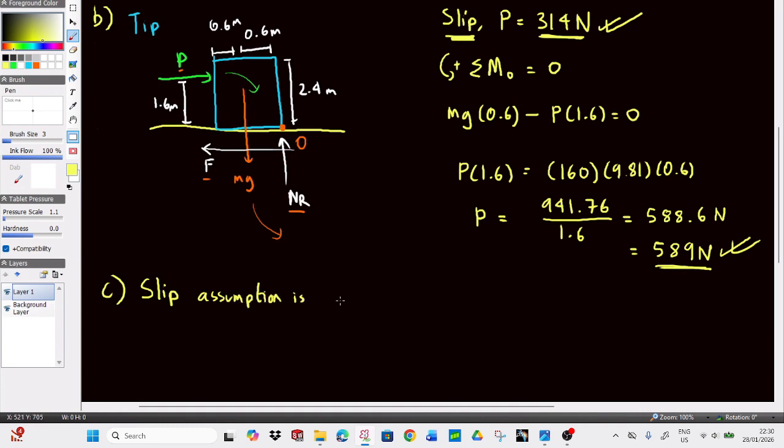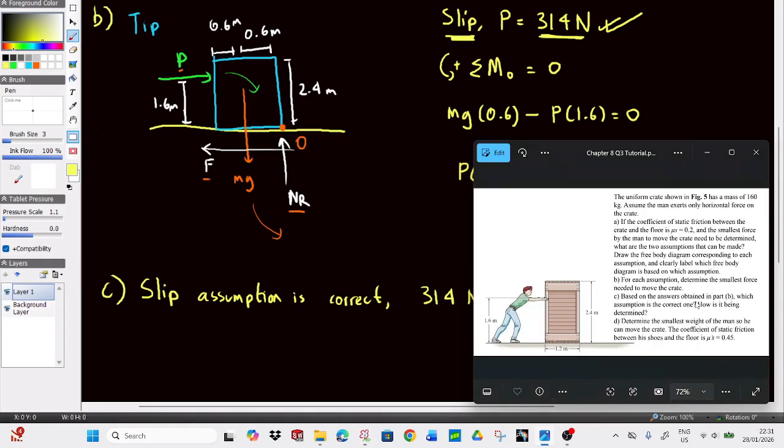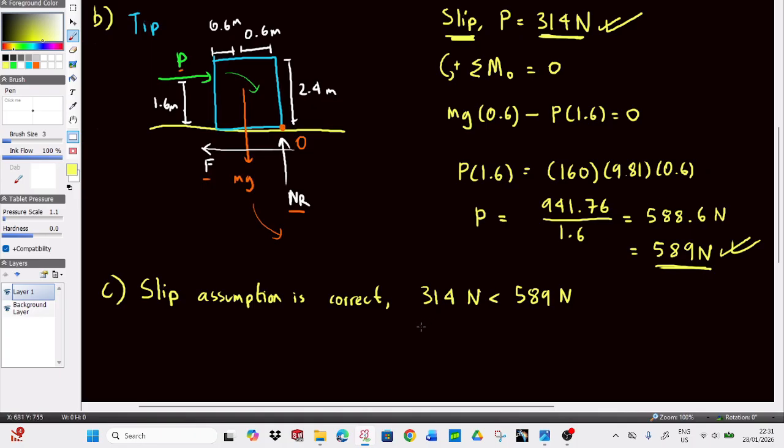We know that 340 newtons is less than 589 newtons. So how do we know that the slipping assumption is correct, not the tipping assumption?